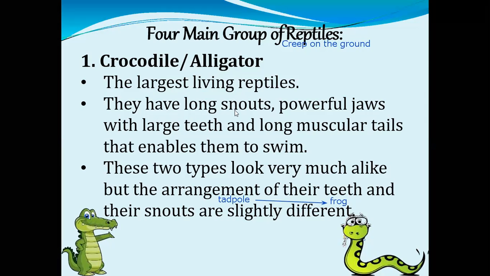They have long snouts. Snouts means thutunu. Yes, we have seen crocodiles in the zoo, and they have powerful jaws. Once these animals, crocodile or alligator, catch any prey, it is very difficult to escape because their jaws are very powerful and they have large teeth.